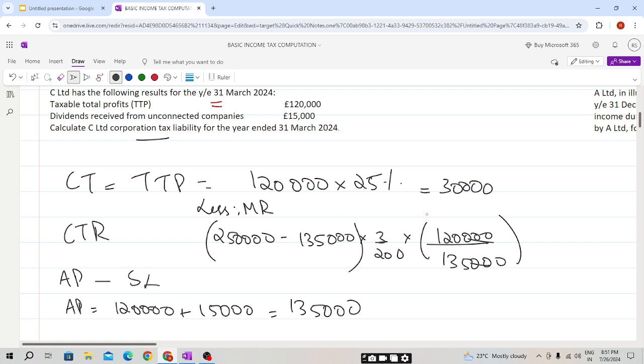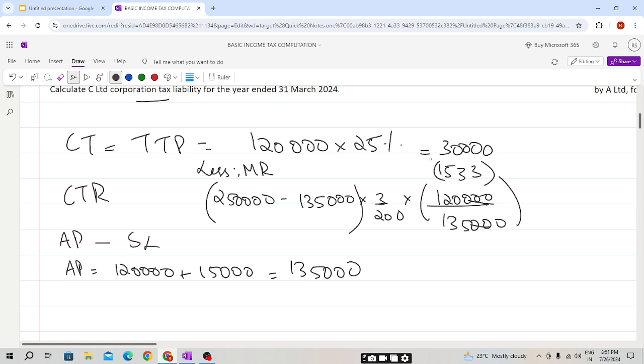It is 1,533 pounds. So this is our corporation tax liability, and the marginal relief will reduce the corporation tax liability. So our corporation tax liability will be 30,000 minus 1,533. It will be 28,467. I hope this is clear.